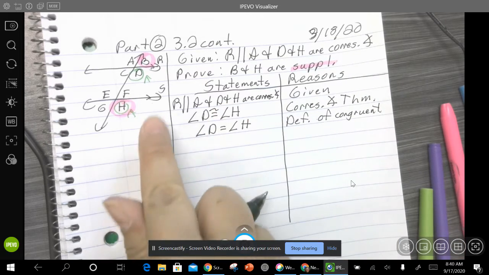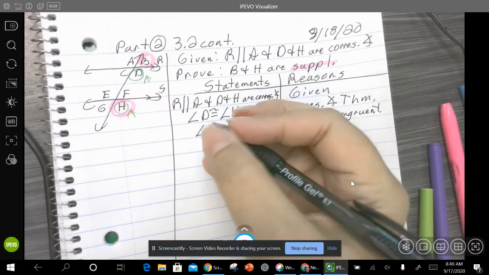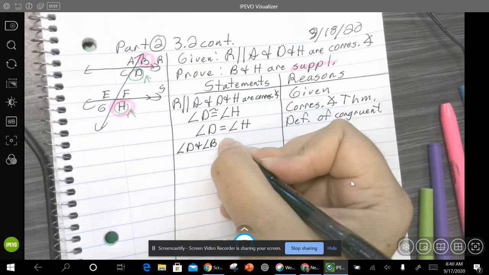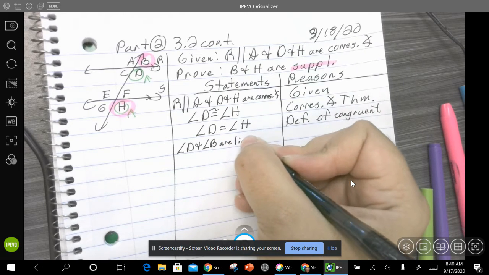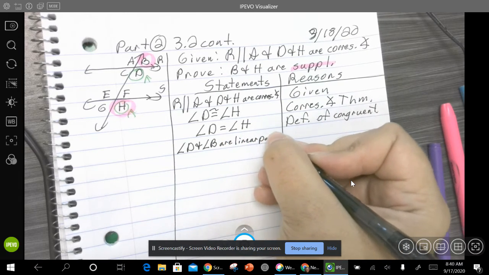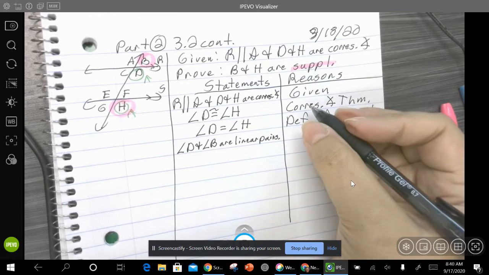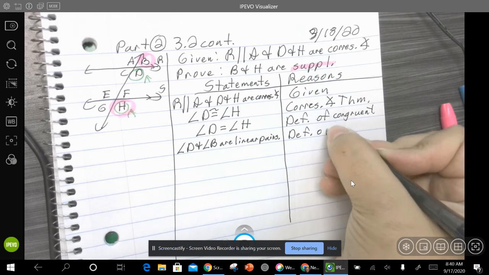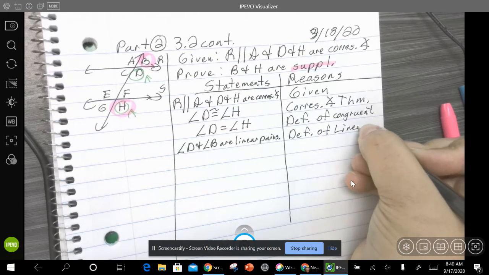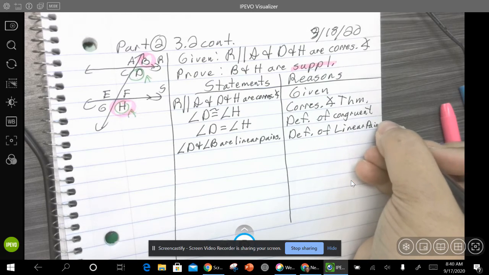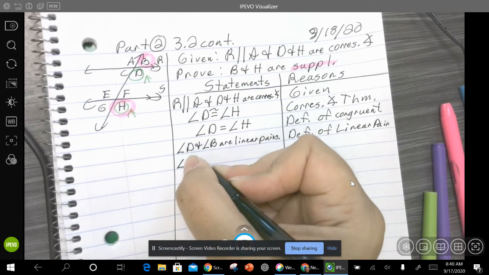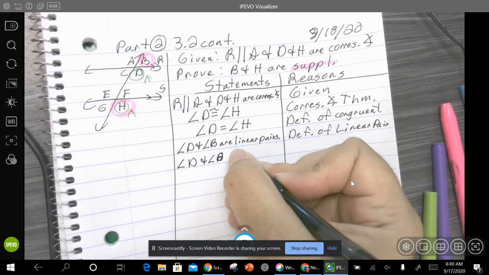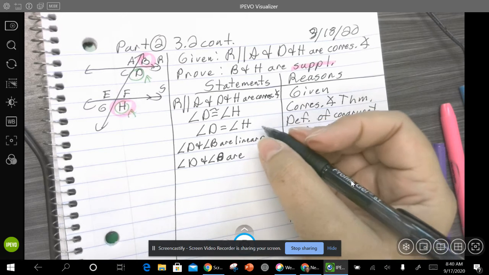Okay, we know that D and B are linear pairs. Okay, so that's definition of a linear pair. That also means that angle D and angle B are supplementary.